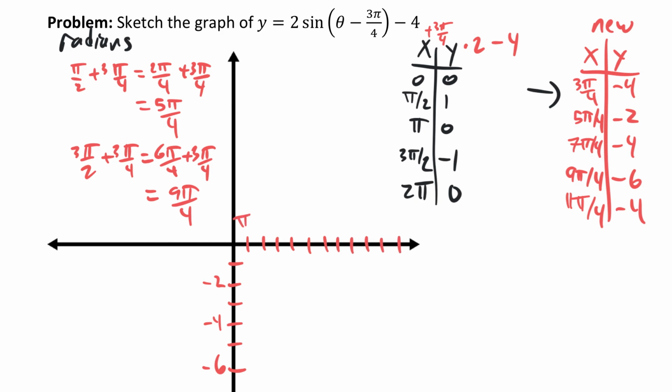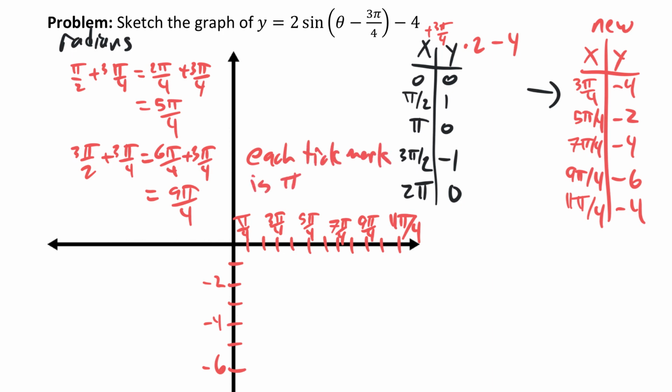So this is pi over 4. And so this will be 3 pi over 4. Then 5 pi over 4. 7 pi over 4. 9 pi over 4. And 11 pi over 4. That's probably the easiest way to make the tick marks. So here, each tick mark is pi over 4.